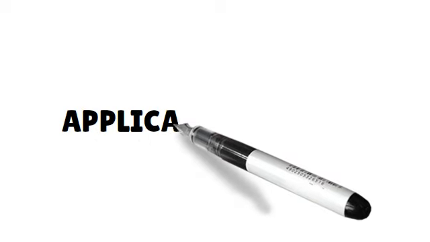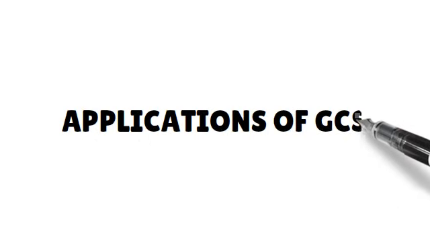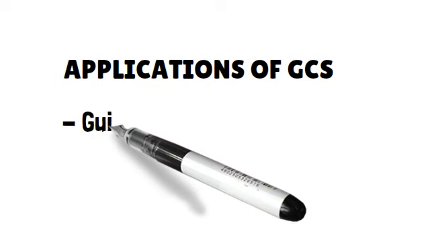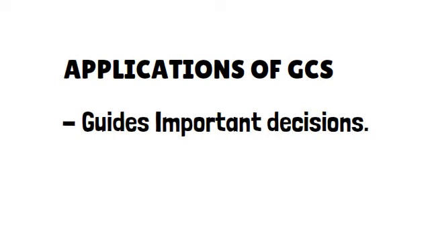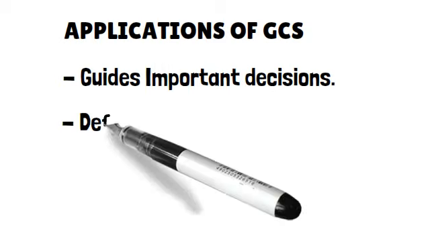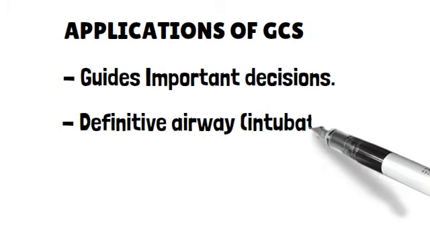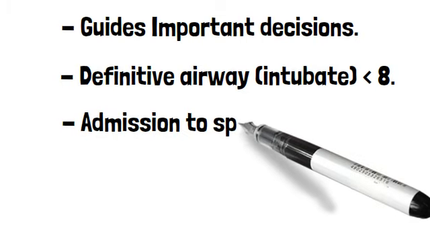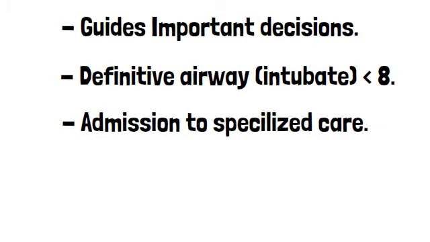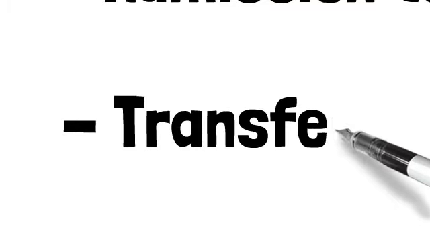There are numerous applications for the GCS score. The GCS is a guide for some important decision making with regards to patient care. For example, definitive airway insertion, admission to specialized care, and the decision as to when to transfer.